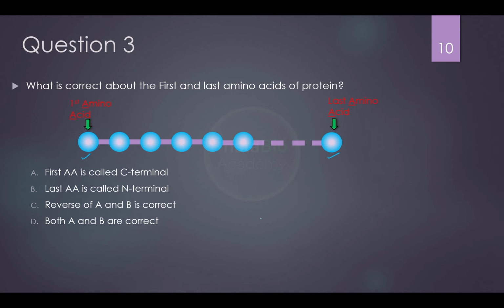Now the proteins are polypeptides of amino acids, right? So let me explain like this. This can be A1, A2, A3 and so on, up to A, and this is, let's say, 200.